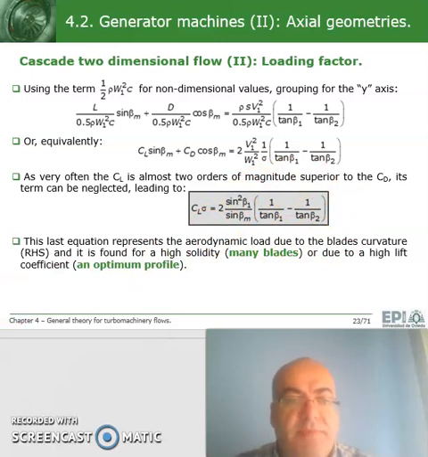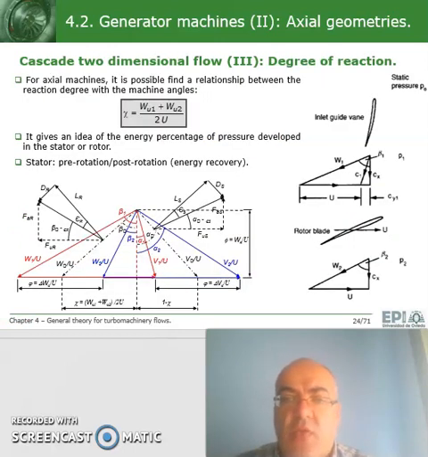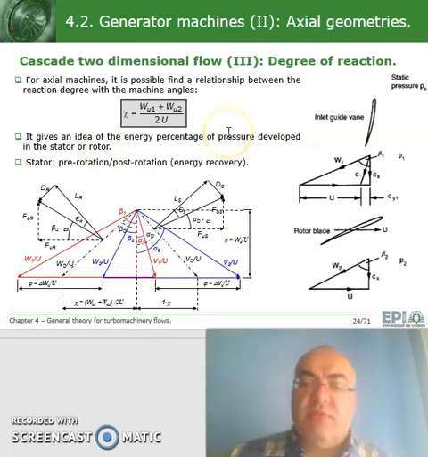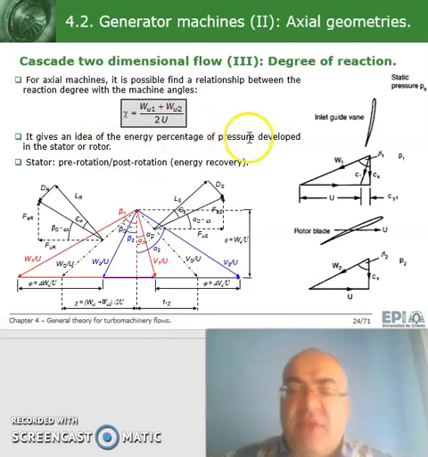Also, working with the equations, we can define the reaction degree, as we have found also for the centrifugal kind of machines. Normally this reaction degree gives us the idea of the energy percentage of the pressure developed by the stator or rotor, as we have seen for its definition before.